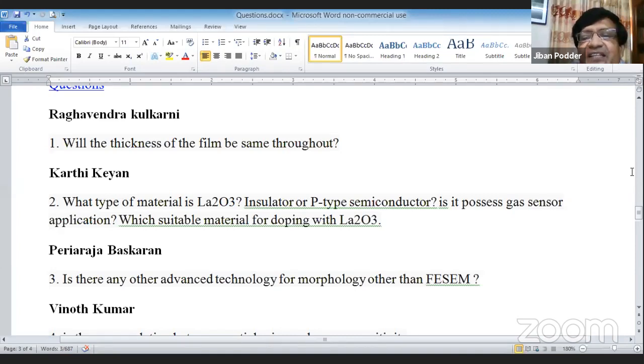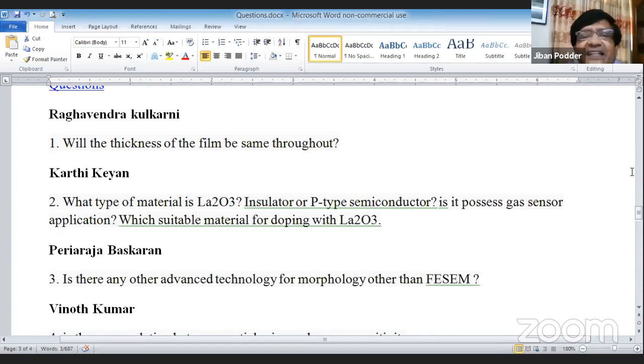This is because the deposition process is the formation of islands on the substrate, so sometimes it is irregular. But we can optimize it and make a more or less same thickness if we can precisely control the temperature on the substrate. That is possible.